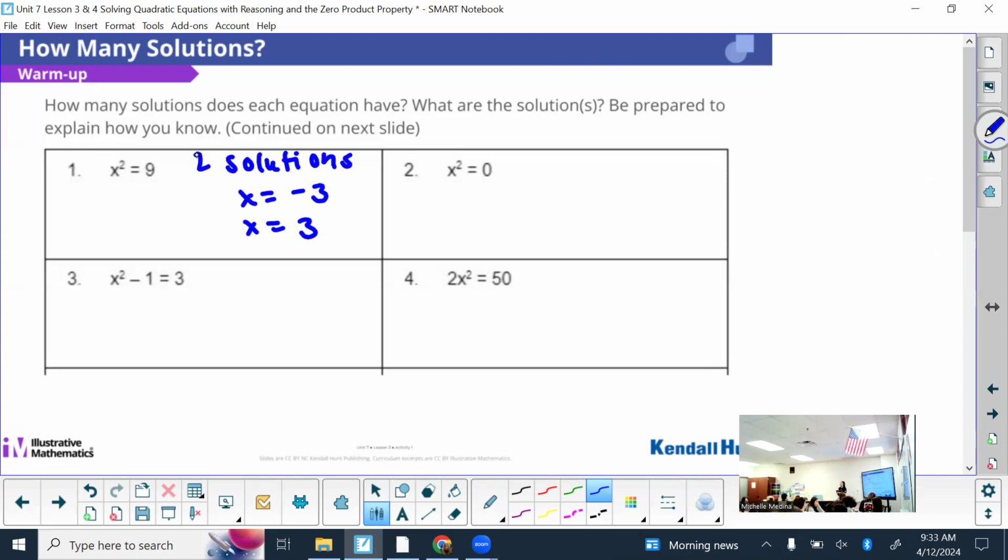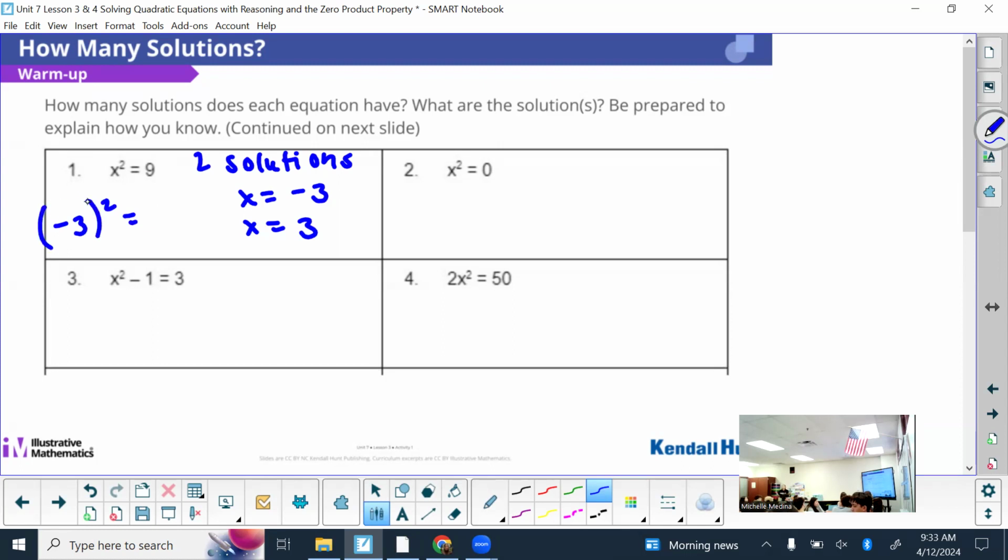Remember, solutions are not what it's equal to. Like some people will say the solution is 9. Okay, no. Solution is the value for the variable that makes the statement true. So -3 squared is 9. 3 squared is 9. If you use the calculator and it told you that -3 squared is -9, that is not true.